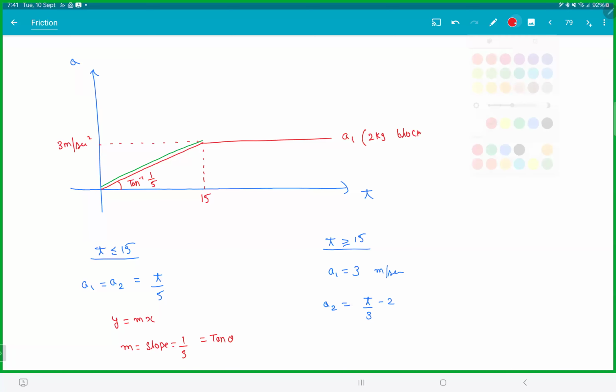But this guy looks like y is equal to mx plus c. If you look at the slope now, slope has become 1 by 3. That means this has become more steeper. And this angle now is tan inverse 1 by 3. And this is the acceleration of A2, the 3 kg block. So after 15 seconds, both the graphs will diverge. The 2 kg became constant, but the 3 kg started going up. And they're straight lines. Is this graph making sense, everyone?